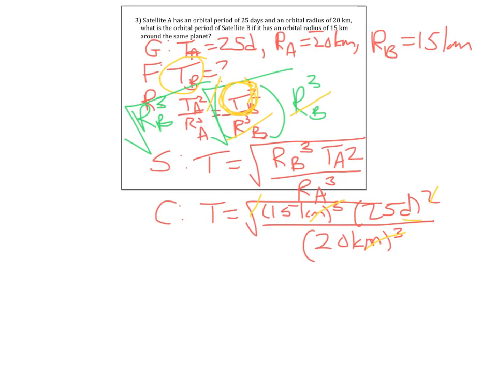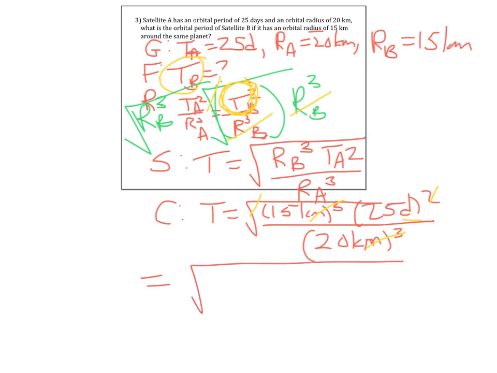Let's move this up a little bit. And so now let's plug everything in. So it's going to be equal to, so let's do the top first. So it's 15 raised to the third power times 25 squared. So that's going to give us this huge number on top. Let's see if we can make that look more like a square root.